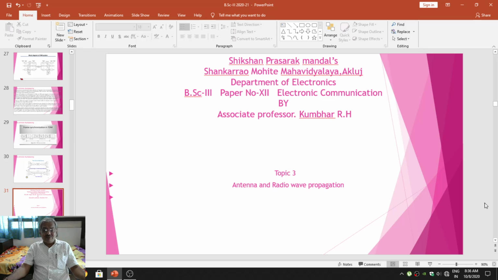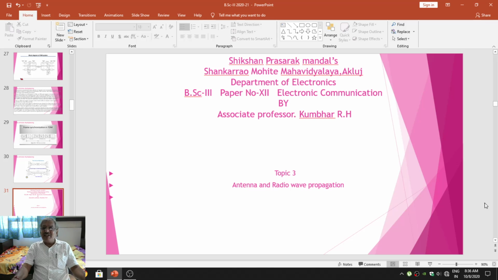If you visit any television transmission center, there also antennas are going to be located. It possesses the transmitting antenna as well as the receiving antenna. Thus, the transmitting antenna is connected to the transmitter, whereas the receiving antenna is connected to the receiver.